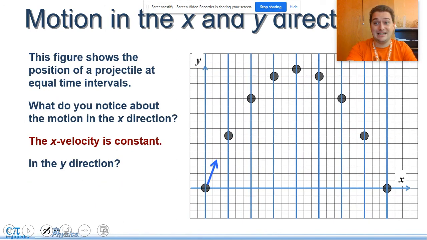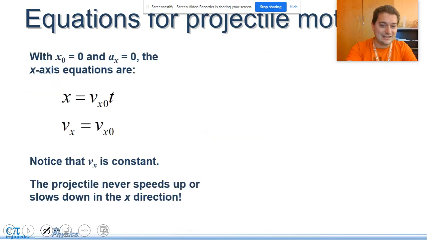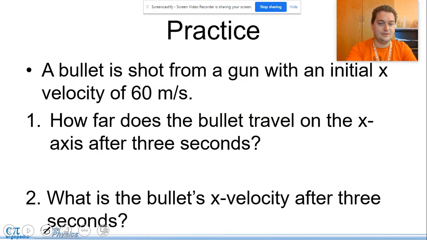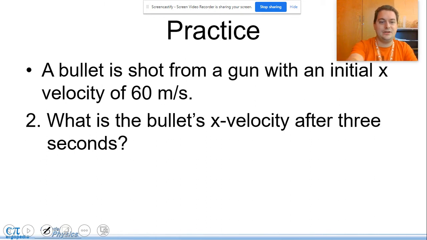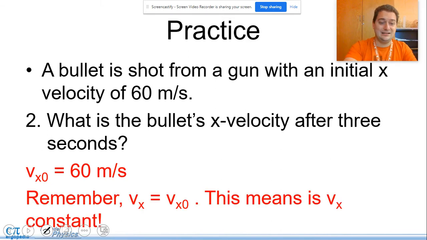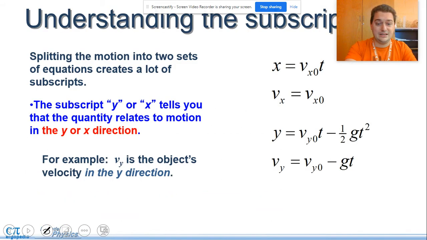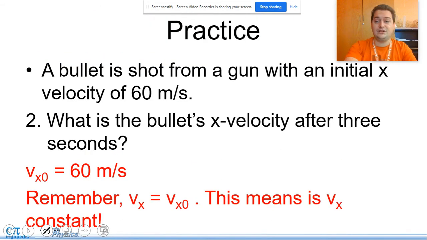X velocity is constant, which means if you know the initial x velocity, you know it all the time. You know it the whole time. So if you know it at the beginning is 60, the whole time it's going to be 60. You can say after 3 seconds, after 45 seconds, after 5 days. As long as it's still in the air, it's going to be 60.